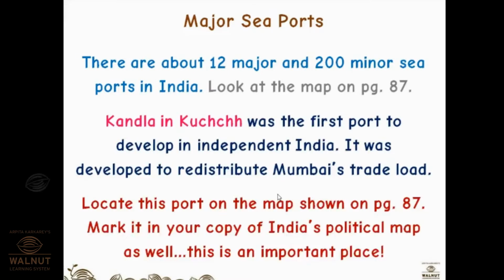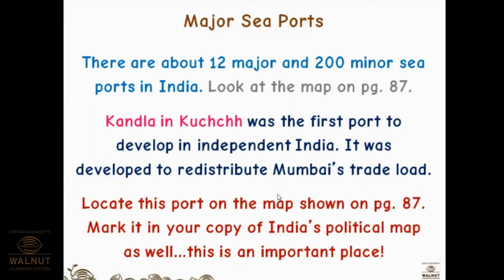Now let us see the major seaports. There are about 12 major and 200 minor seaports in India. You can observe this on page number 87, as said in the PPT. Kandla in Kutch was the first port to develop in independent India. It was developed to redistribute Mumbai's trade load.